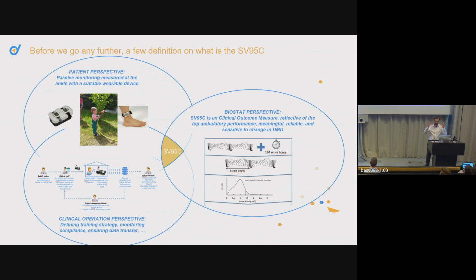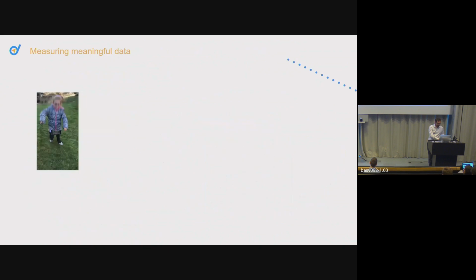That's the framework in which we worked in this project, developing hardware, software, and algorithm all together to reach this meaningfulness. Now, if I try to show you, that's a little girl named Quincy who is equipped with the device, and I'll try to give you a bit of perspective in terms of the data.